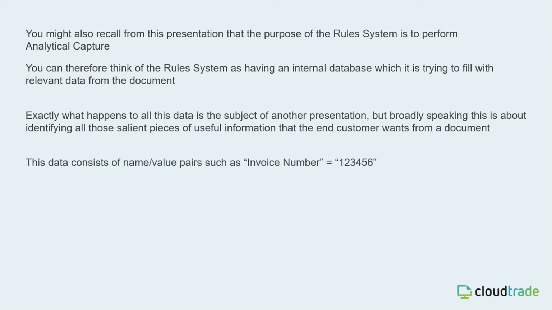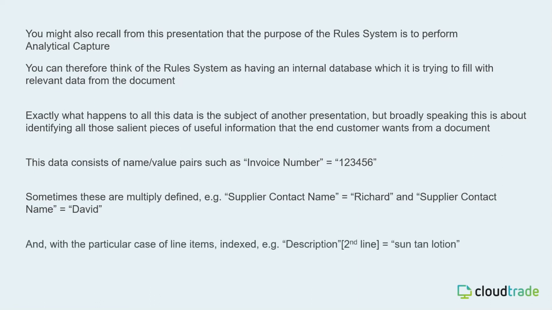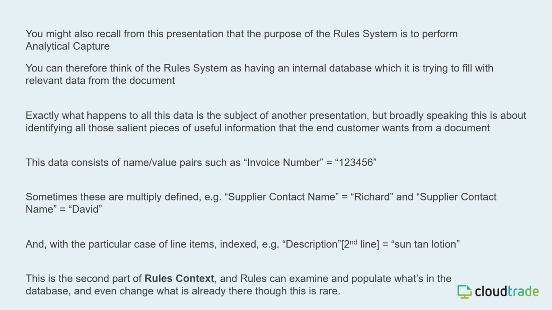This data consists of name-value pairs, such as an invoice number. Sometimes they can be multiply defined, like a contact name, they can have more than one. And in the case of line items, they're indexed, like the description on the second line or the third line or what have you. This is the second part of what we call rules context, and the rules can examine and populate what's in that database and even change what's already there, although that tends to be rare.